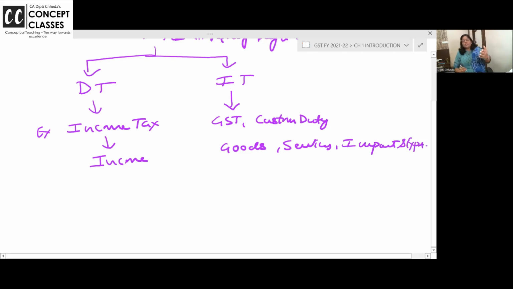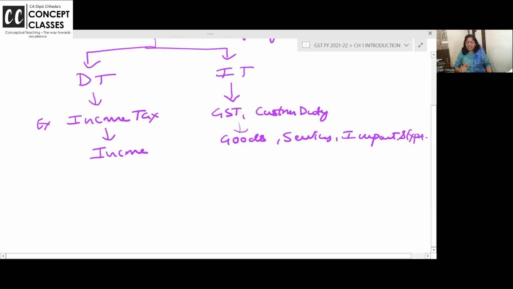When you export the goods out of India, you have to pay the custom duty. When you import, you have to pay the custom duty at the port. Goods and services, you are entering within the city, within the state, outside the state, you have to pay indirect tax in the form of goods and service tax. I'll tell you little history which is very much necessary. Are the two types of taxes clear?